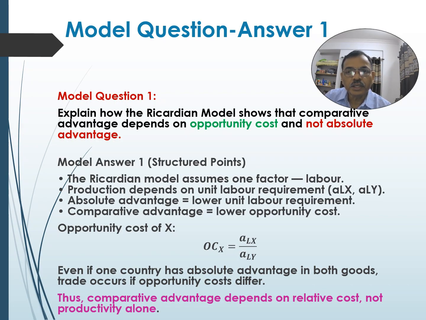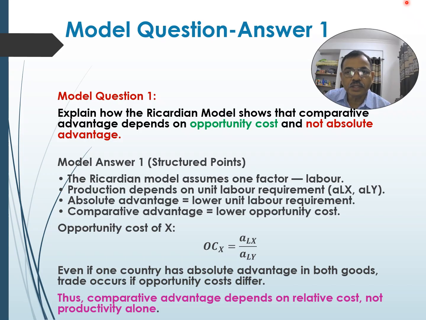Explain how the Ricardian model shows that comparative advantage depends on opportunity cost rather than absolute advantage. To answer this, we begin with the basic structure of the Ricardian model.